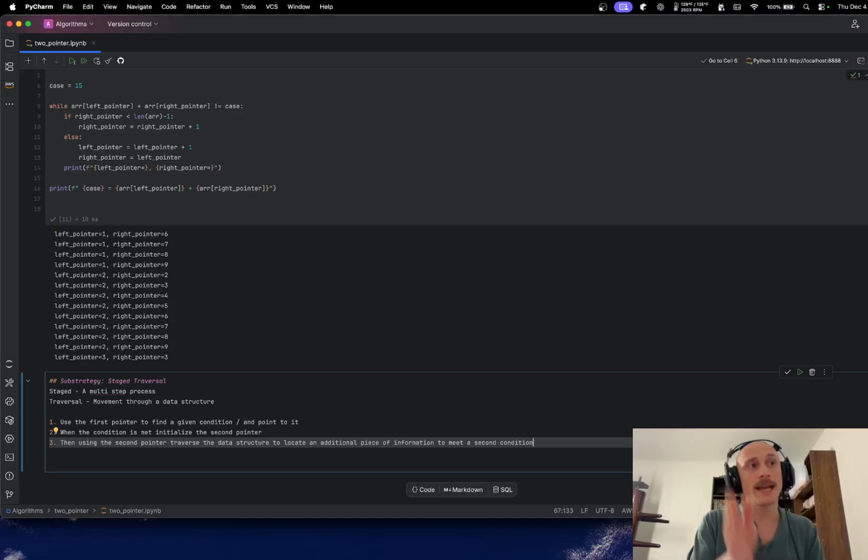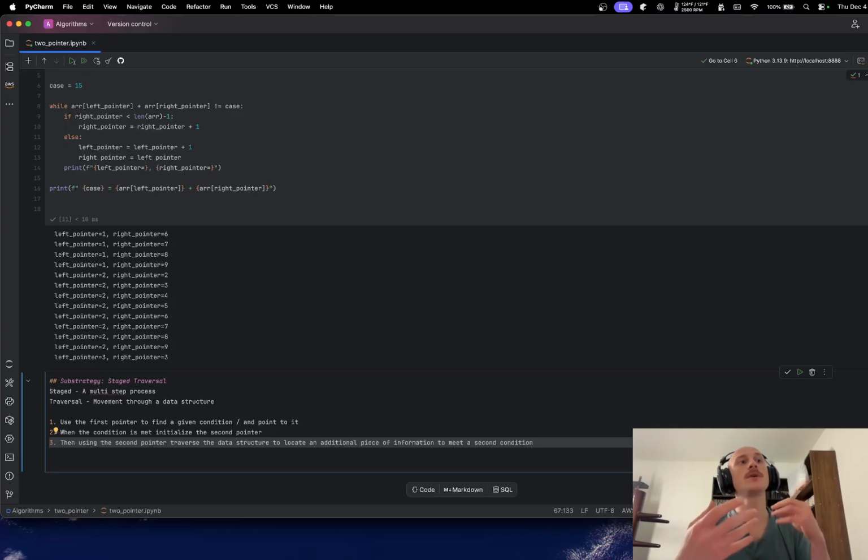Not only in the fact that we use the first pointer to move through our data structure till we find a given piece of information, and then use the second pointer to try and find another piece of information that makes sense to our second condition, but it is not limited to that. Once the second pointer goes on its merry way, it will come back with the correct solution.